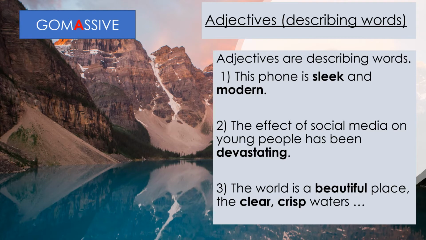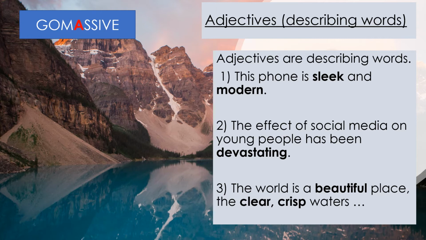Next we have adjectives. These are great for painting a picture for your audience, to work in some description, as you can see in the first example. The phone is sleek and modern. Just add in those words to give the audience an idea of what you're talking about. Number two, the effect of social media on young people has been devastating.